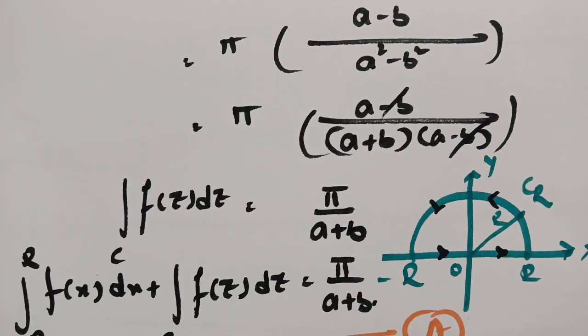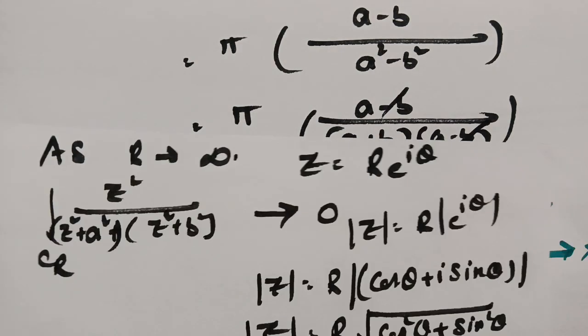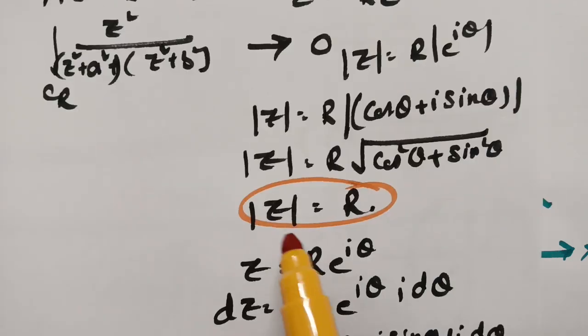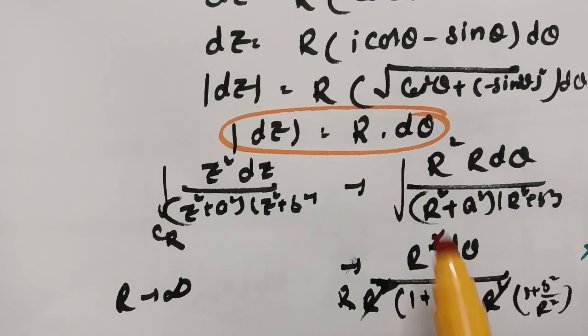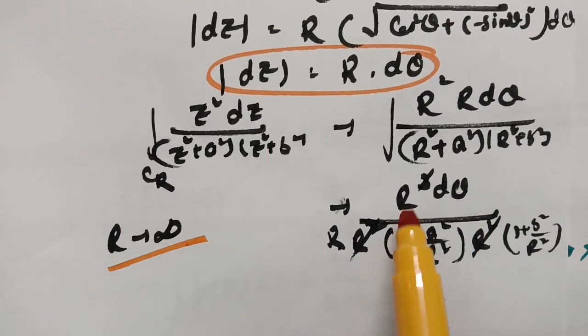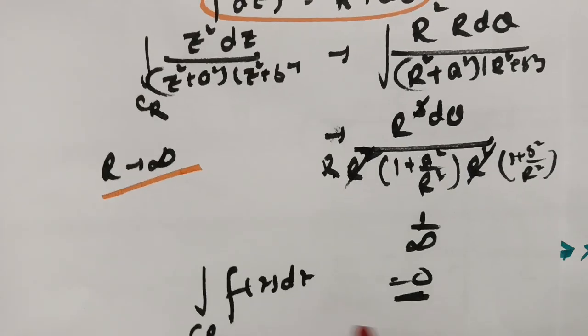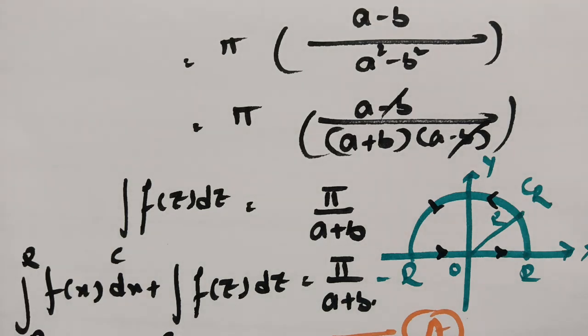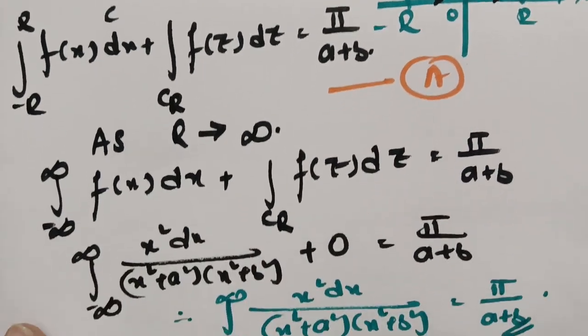I have even explained it after taking z equal to r into e power i theta. So clearly z is equal to r and dz is equal to r into d theta, and after substituting, 1 r remains as r is tending to infinity. So 1 by infinity value is 0. Clearly this is going to become 0. After substituting 0 here, we got the required answer, hence proved.